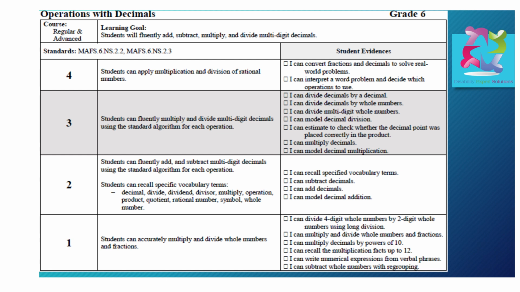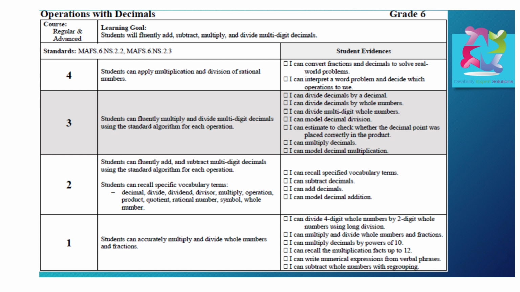Level 2 students can fluently add and subtract multi-digit decimals using the standard algorithm for each operation. Students can recall specific vocabulary terms such as decimal, divide, dividend, divisor, multiply, operation, product, quotient, rational number, symbol, whole number. But they still are not meeting the full intent of the learning goal.